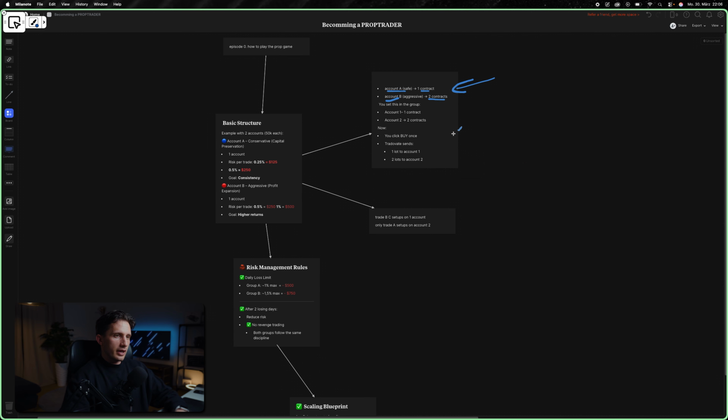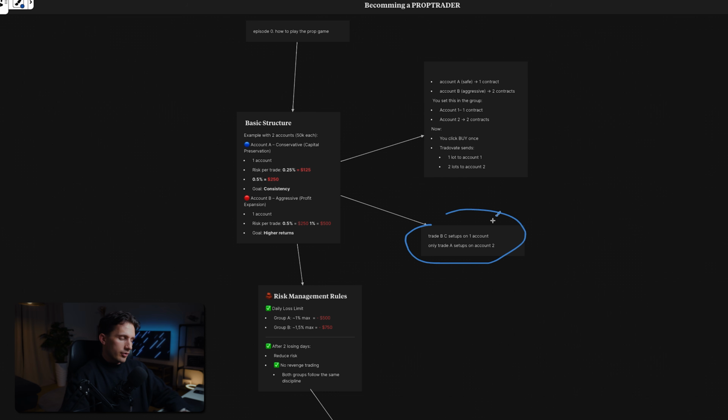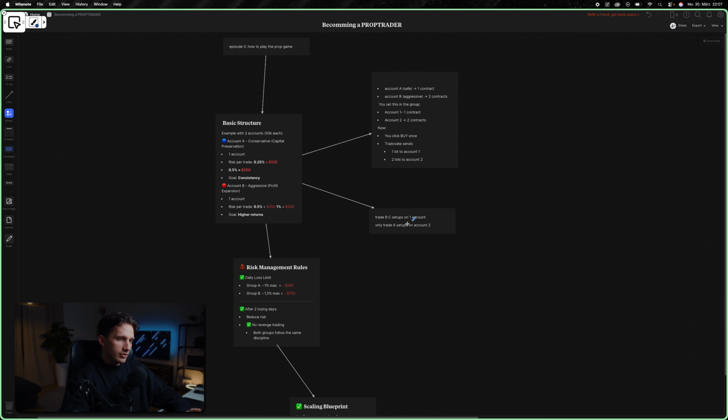What I prefer, and what I am doing, is this. On my safe account, I am looking for B and C setups, because I'm risking less. And on the aggressive one, I am looking for A plus setups on account 2. Why am I doing this? Because you don't always get a setup every day.